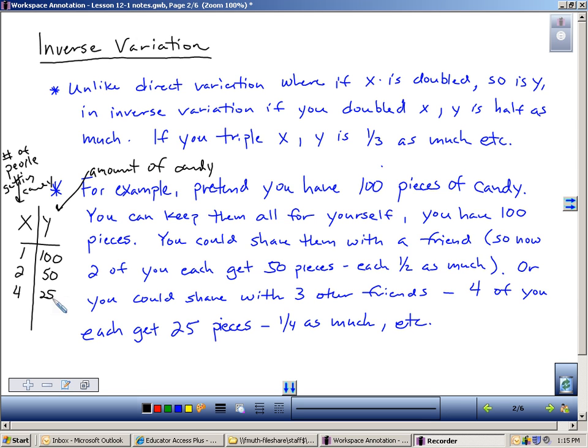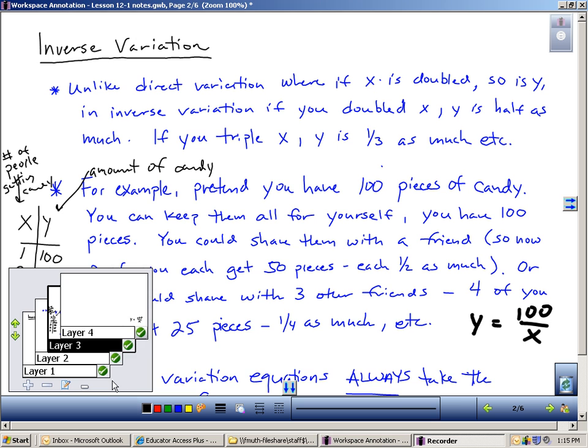That's inverse variation. If I have 5 people sharing the candy, everybody's only going to get 20 pieces. While the amount of people is 5 times greater, the amount of candy everybody gets is 1/5 as much. That would be inverse variation.